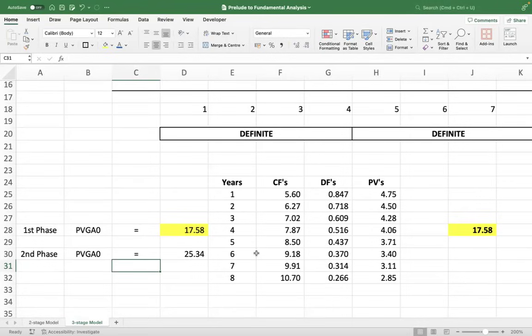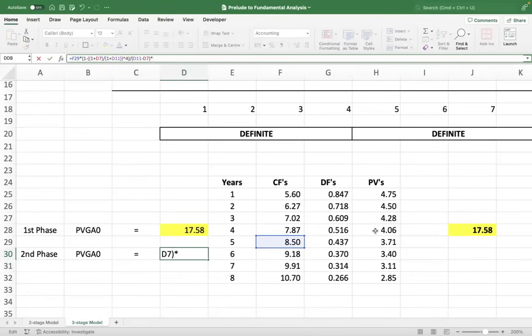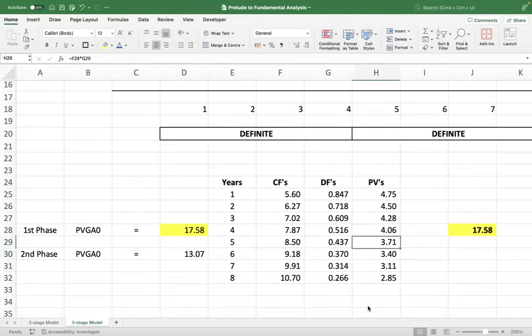But 25 rupees 34 paise is at the end of which year? 4th year. So you will have to bring it to the present, which you will do by multiplying with the 4th year discounting factor. So you get 13.07. Now please look at these values here.